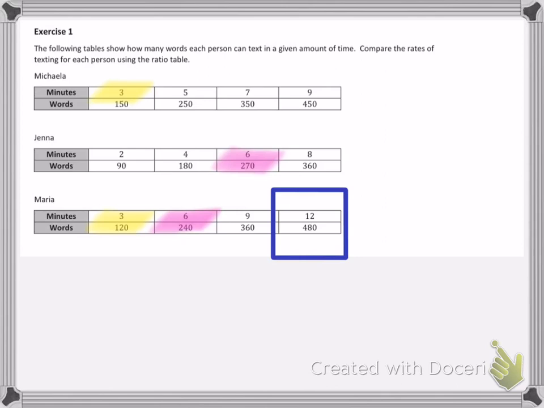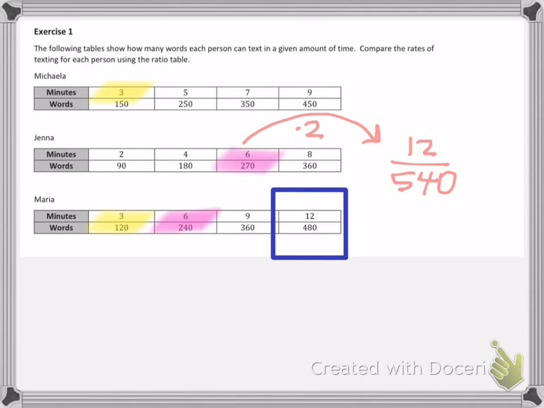Maria, if she texts for 12 minutes, she can do 480 words. We don't have that for Jenna yet, but I can change a 6 into a 12 by multiplying by 2. And if I multiply 270 by 2, I get 540. So I know if Jenna types for 12 minutes, she's going to type 540 words.